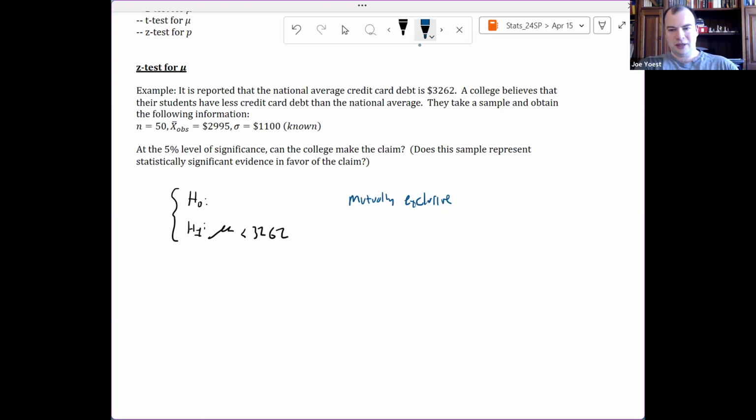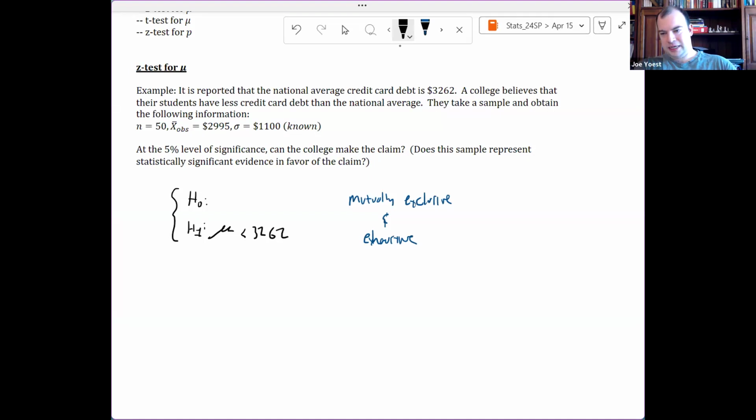I also would like them to be exhaustive. Now, the way that we're going to write our hypotheses in a little bit makes it look like they're not exhaustive, but we're actually going to argue that even though it doesn't look that way, it really is still exhaustive. What do I mean by exhaustive? I mean that any possible mu falls into at least one of these two hypotheses.